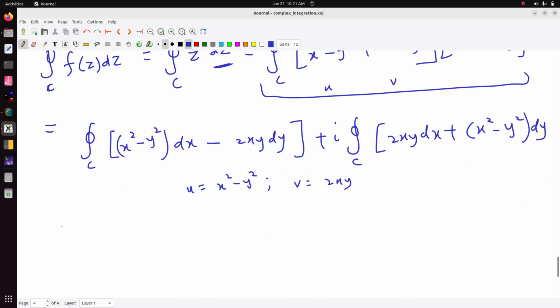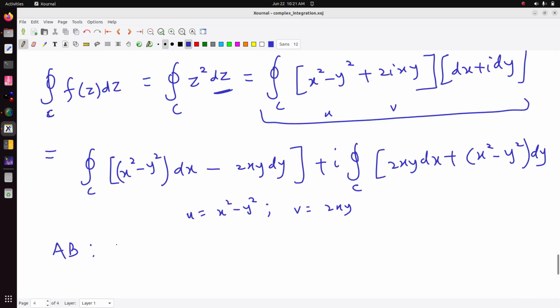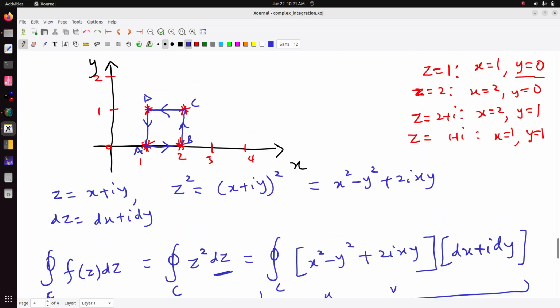So from A to B, so AB. Now at AB, y does not change. Y is 0 and dy is also 0, because there's no change in y.